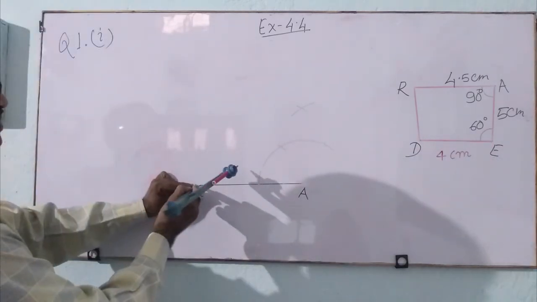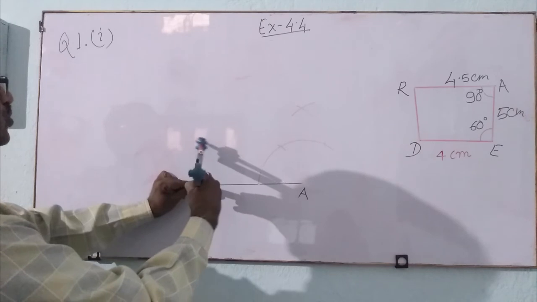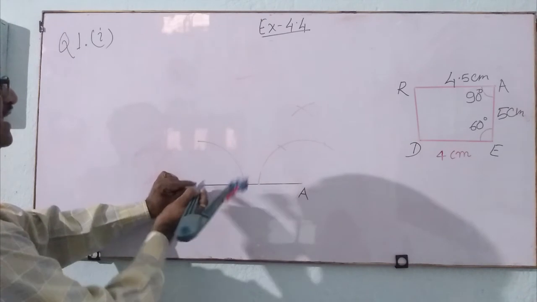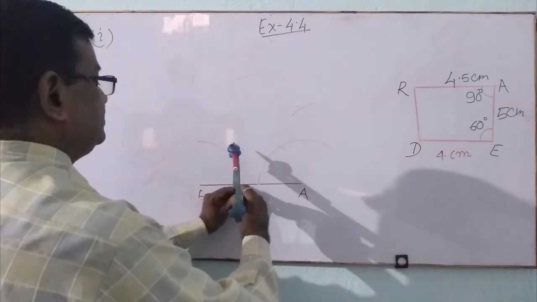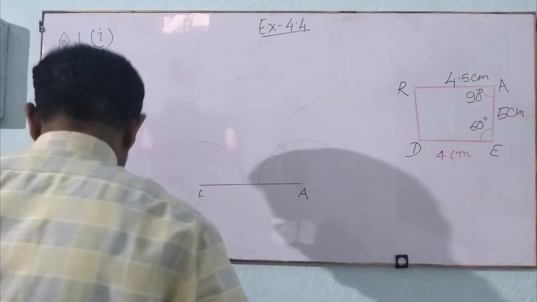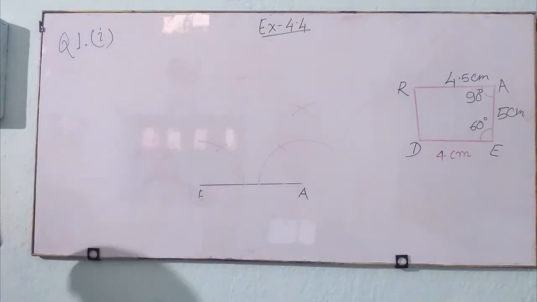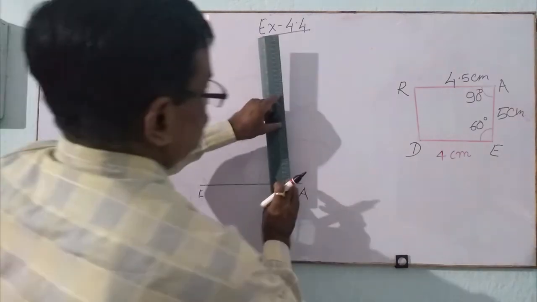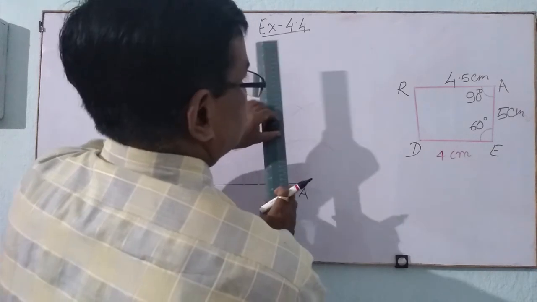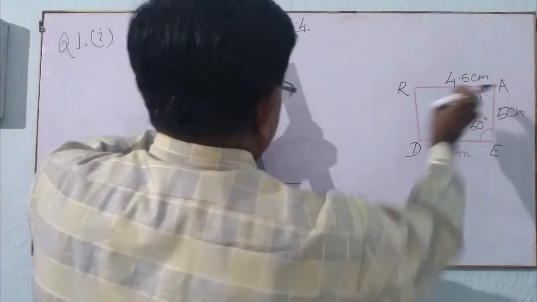That is very simple. Put your compass at point E and take one cut for 60 degree. Now here you have to take the 90 degree.